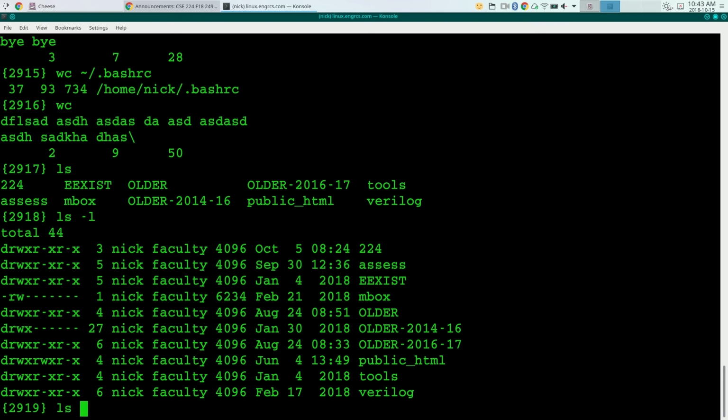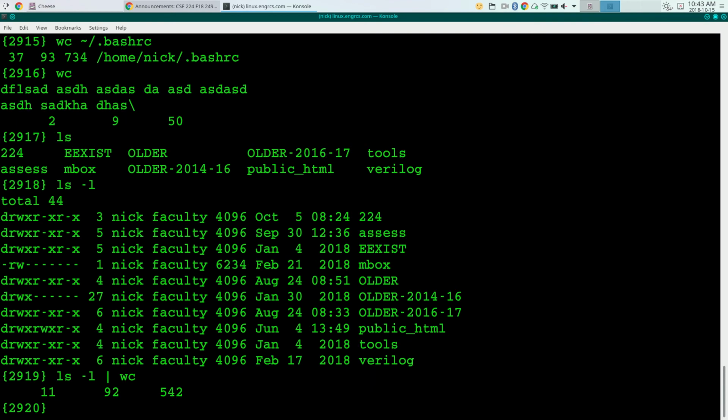I can say ls -l, and I can say pipe that into word count, which means ls -l generates output to standard out to my display. I'm saying instead of showing that on my display, feed that over to the input of this next command, word count. So I'm basically saying I want to run word count on this ls -l. And it tells me I got 11 lines of output.